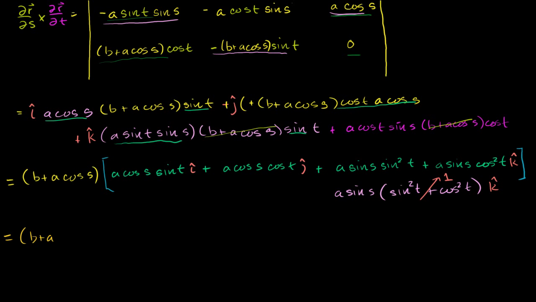So that's equal to b plus a cosine of s times, open bracket, a cosine of s sine of t times i, plus a cosine of s cosine of t times j, plus, this simplified nicely, a sine of s times the unit vector k.